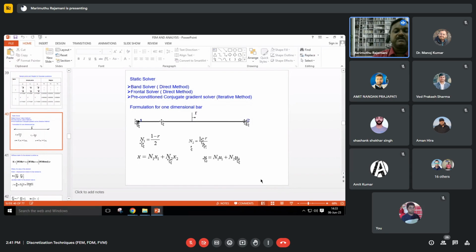If you want it at 0.5, you substitute 0.5, and this dictates how the field variable is shaped, what kind of shape it takes within the element. It will take only a linear shape. It will be u1 at this point and 0 here, and u2 at this point and 0 here. So that's how the shape function term has come.